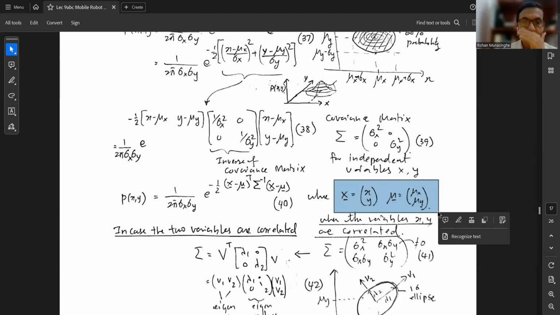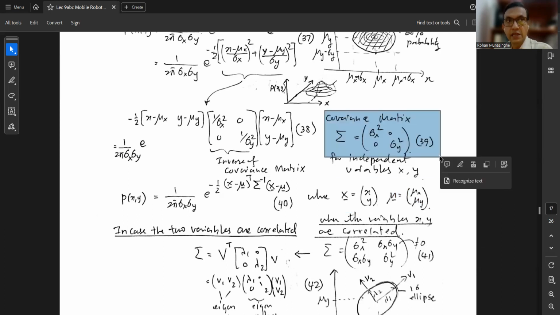So this middle matrix is related to this matrix here in equation 39, where you have the same dimension, 2 by 2, but in the main diagonal, you have sigma x square, sigma y square, not 1 over, right? So equation 39 is what we know as the covariance matrix.